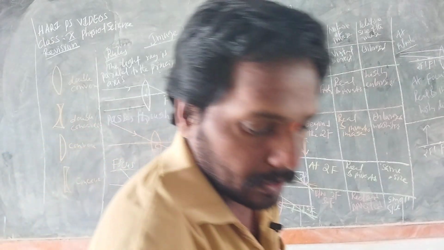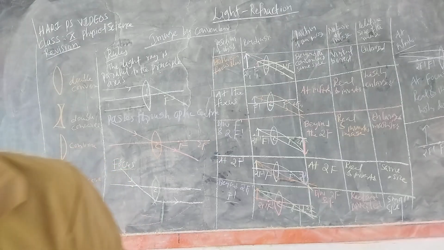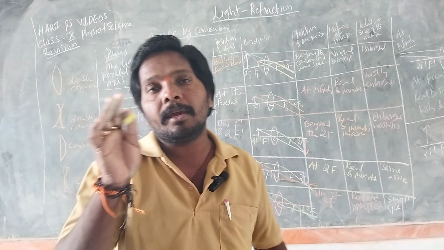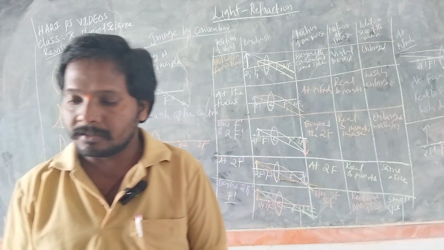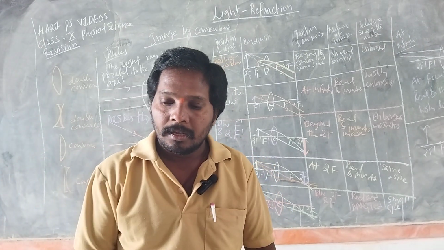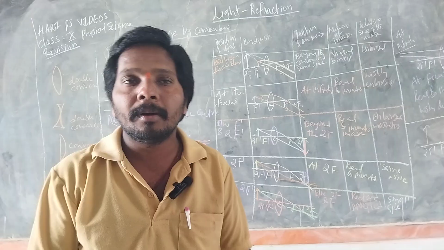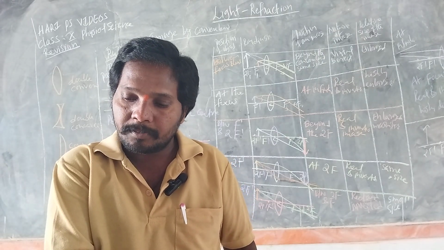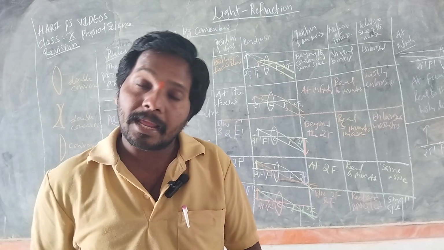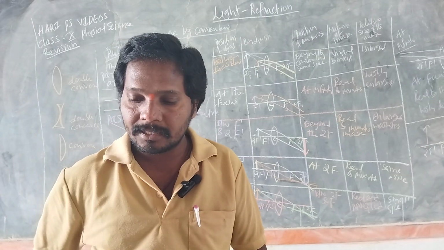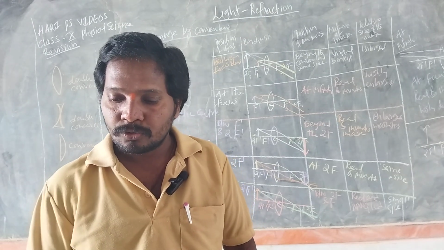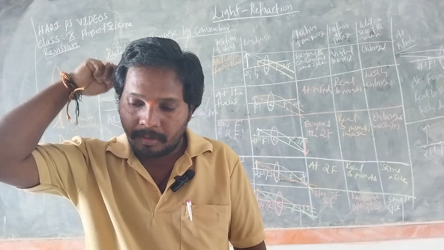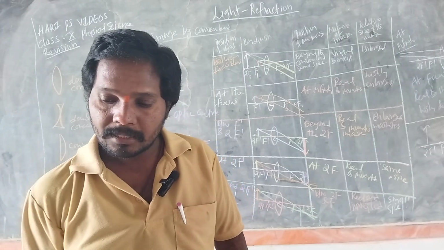Clearly, a complete image of an object is formed, but it will be less bright. A dimmer image is formed because less light is passing through the lens to form it. The size and sharpness of the image remain unchanged.